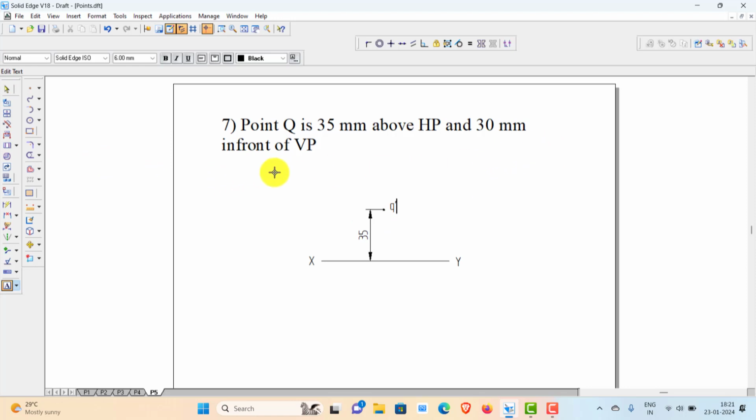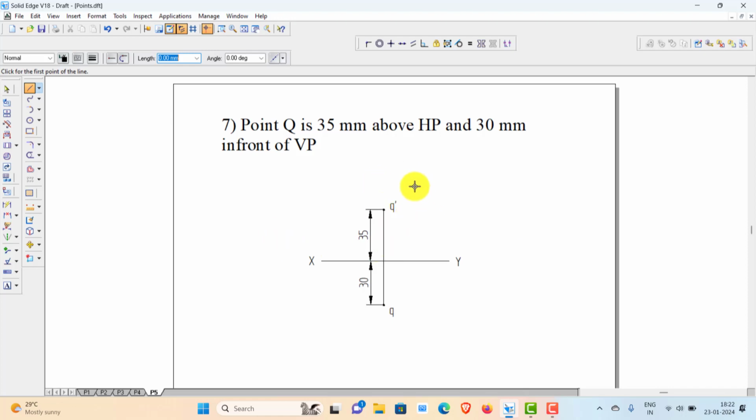VP. In front means top view is below XY line. So draw the top view below, exactly below this XY line. Use alignment indicator, draw the point and adjust the distance between this and to 30 mm. Now mark this as Q. Also join these two views by a thin vertical line to show that they are in the same vertical line.